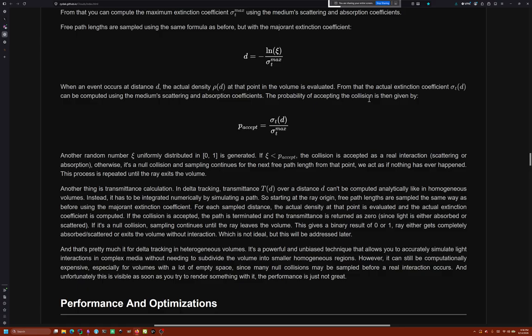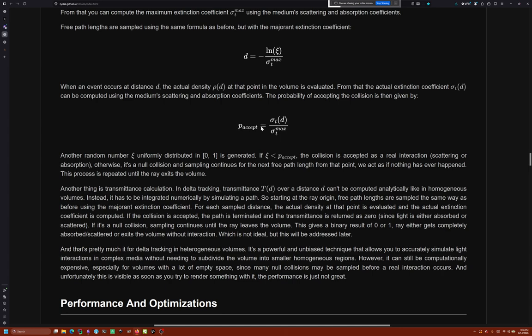Okay, I'm not sure exactly which part of that is the texture read. But okay, so they have another random number that's randomly generated in 0 to 1. Oh, right, no. So sigma t here is going to be the volume density that's sampled over the maximum volume density in the volume.